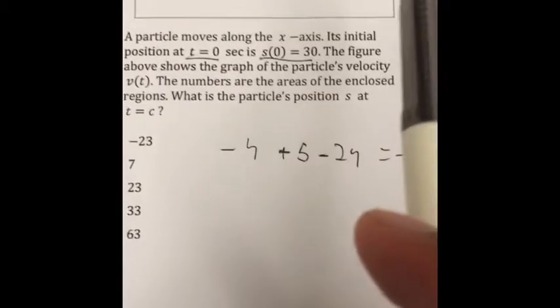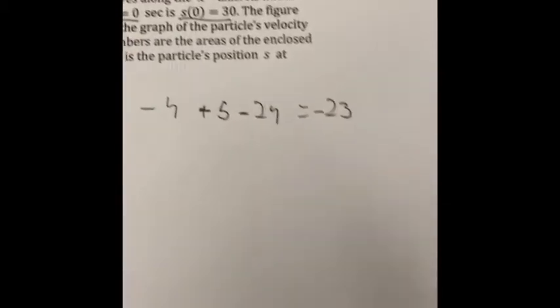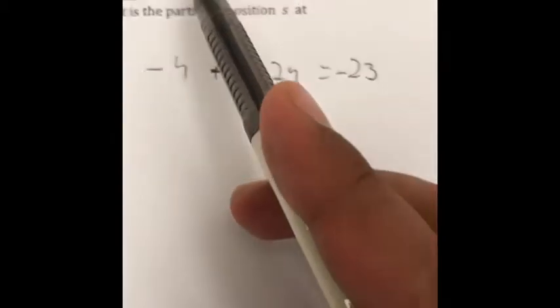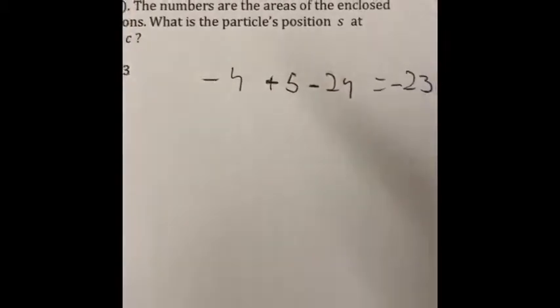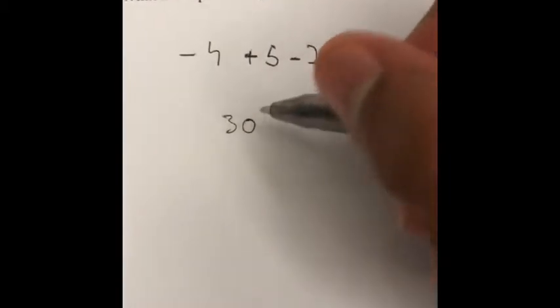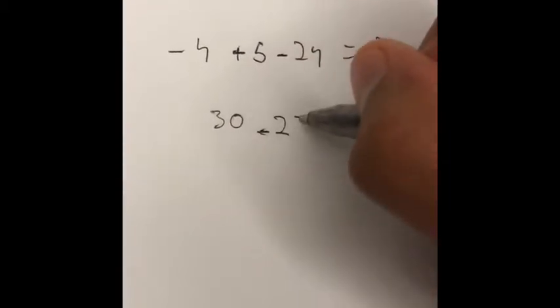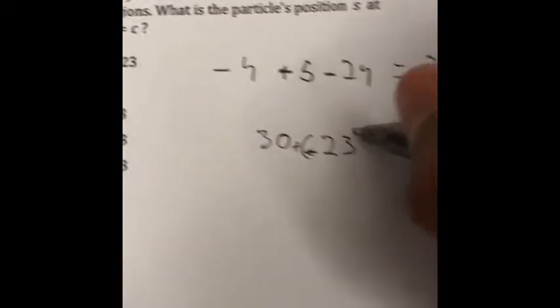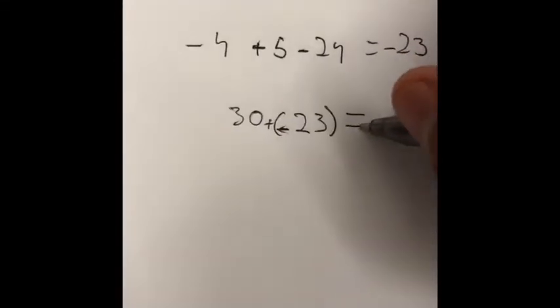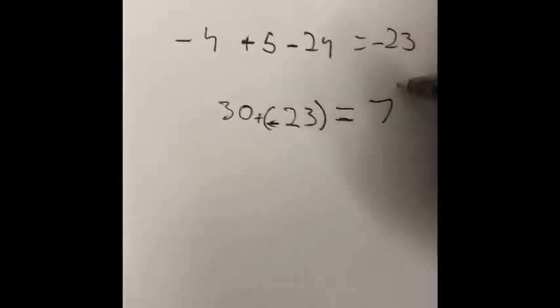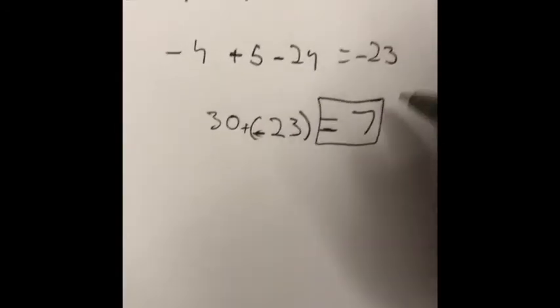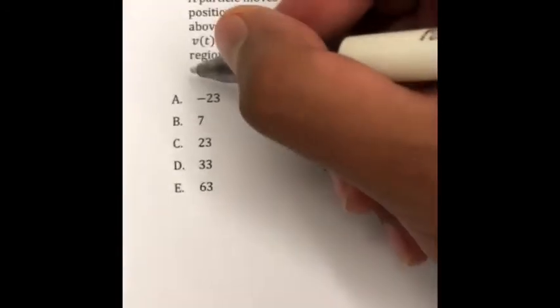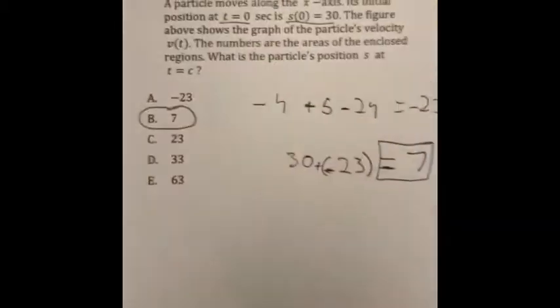This is the displacement from t equals 0 till t equals c. The initial position was 30, so let's start with 30 minus the displacement 23, or adding the displacement actually, and we will get 7. This is the final position of the particle, so the answer will be B.